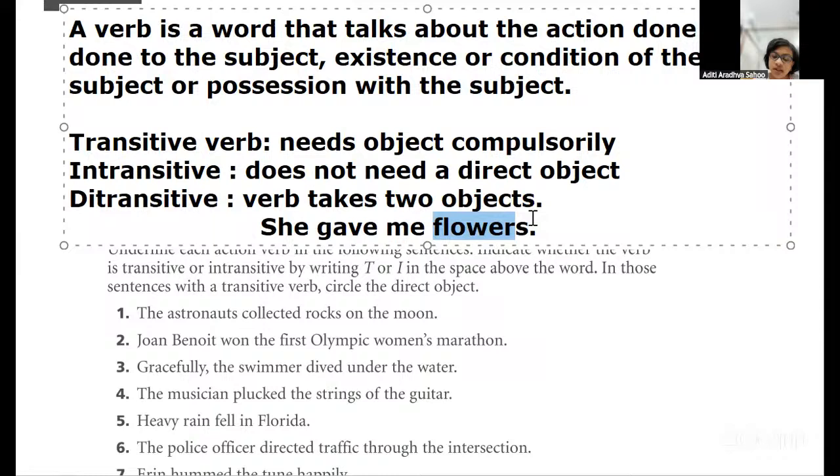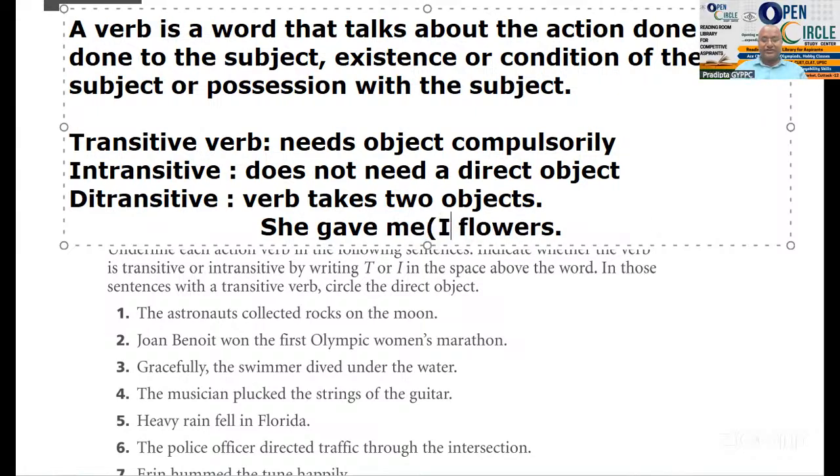Flowers is the direct object. Correct. And what is the indirect object? Me, sir. The living thing is the indirect object. So this one, me, is the indirect object, IO, I'm writing. And this one, flowers, is the direct object, DO.